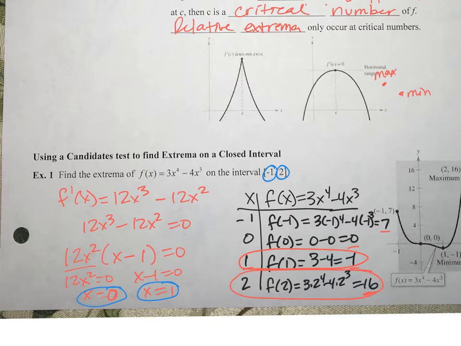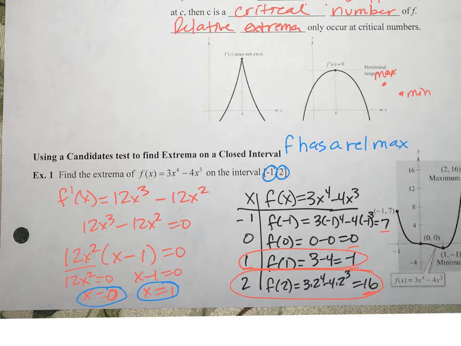Okay, so to answer our question, find the relative extrema on the closed interval. Let's write our final answer. Let's just say f has a relative max, and we want to tell where that occurs.